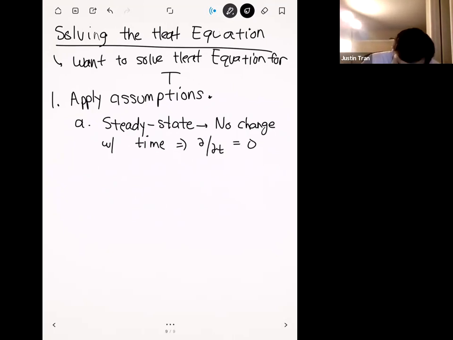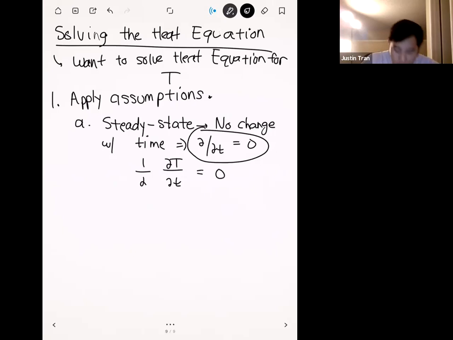If we have any term that has a derivative with respect to t, little t, then we can just set that equal to 0. So if we look back at our heat equation, we have this term right here, and under the steady state assumption, we can basically just assume that this term is going to go away, which is great news for us because that simplifies our life quite a bit.